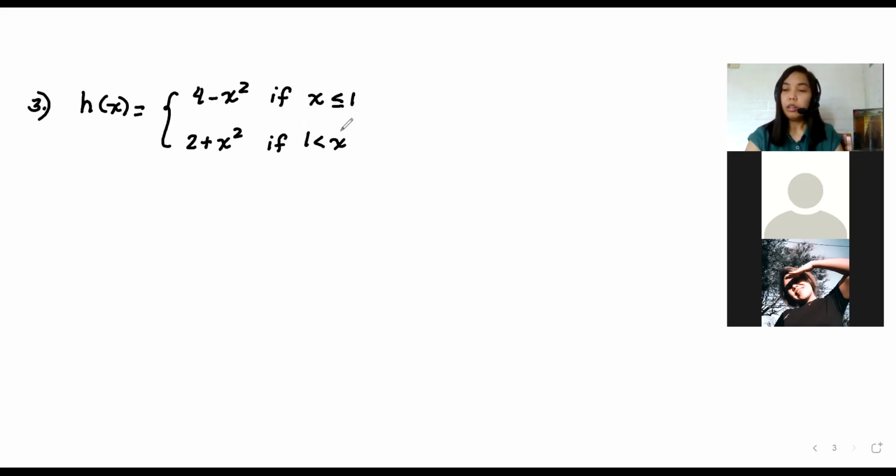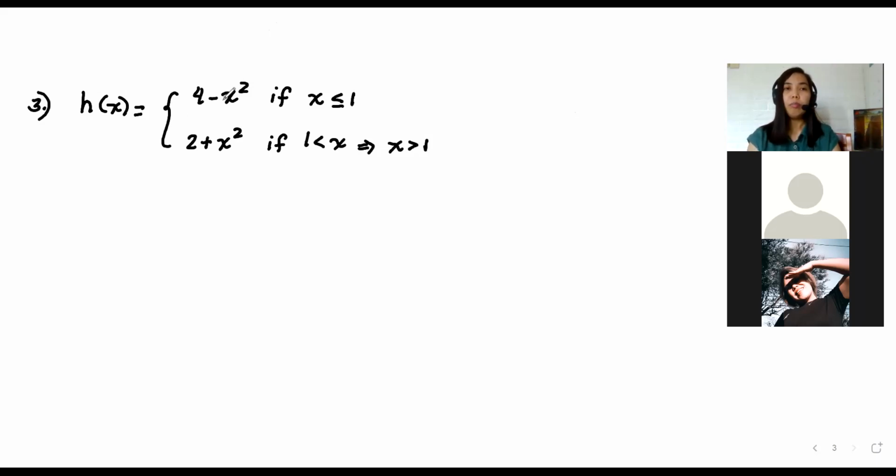Okay, number 3. The given function h of x is equal to 4 minus x squared if x is less than or equal to 1, and h of x is equal to 2 plus x squared if 1 less than x. So 1 less than x means x greater than 1. Okay, so since we have here 1, the value of a is 1, as x approaches a. So let's graph it first.